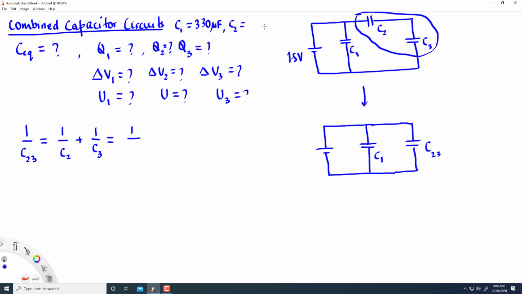C2 is 10 microfarad. And C3 is 47 microfarad. Okay, so C2 is 10 microfarad and C3 is 47 microfarad.